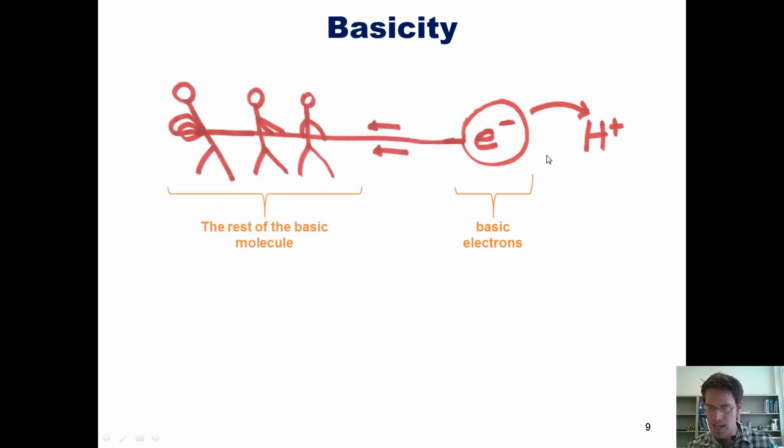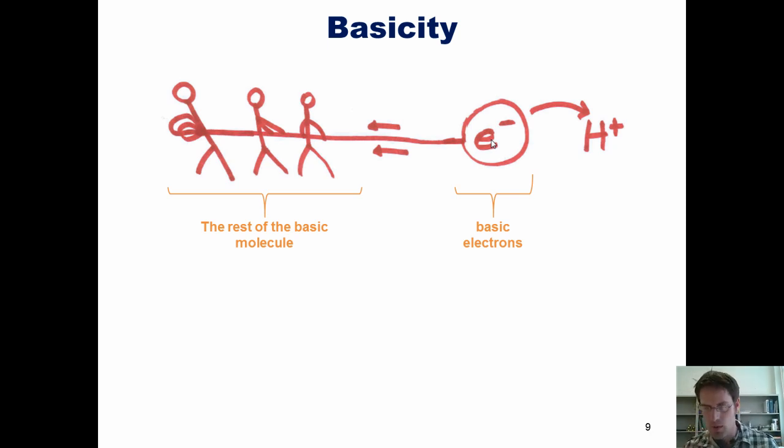You should be able to see that the trend for basicity is opposite that of acidity, because these three guys right here are pulling the rope away from these electrons. The electron's ability to come and grab this hydrogen has been decreased. Thus, because these electrons are much less available, the molecule is less basic.